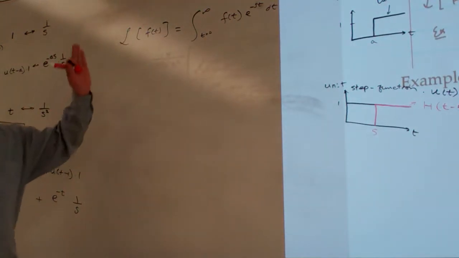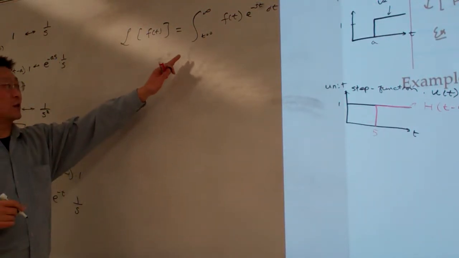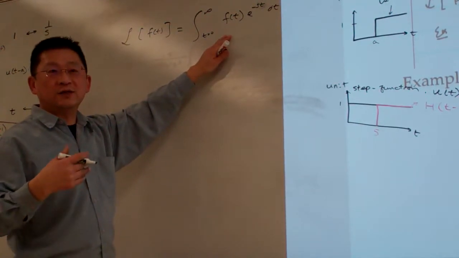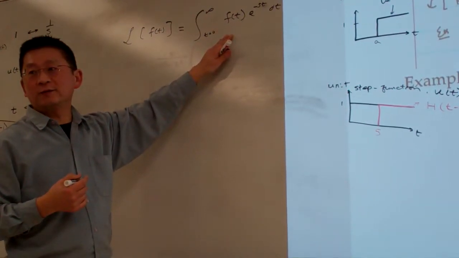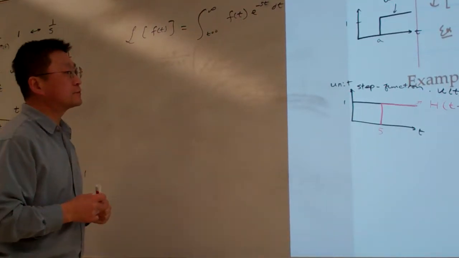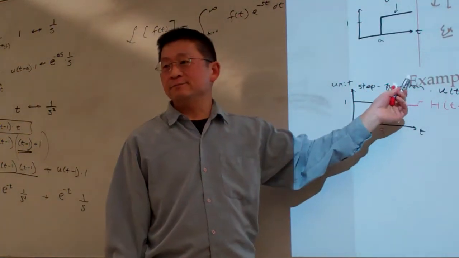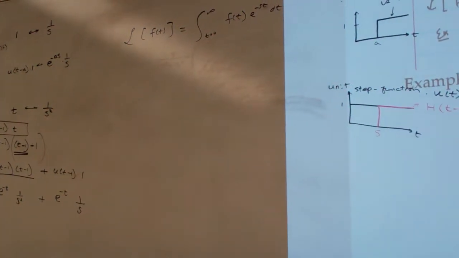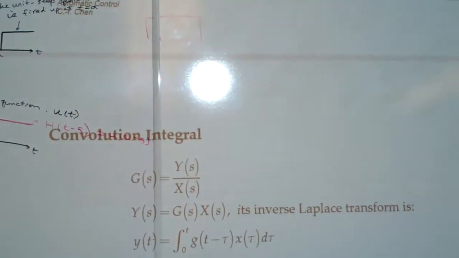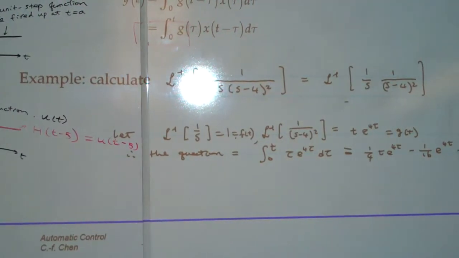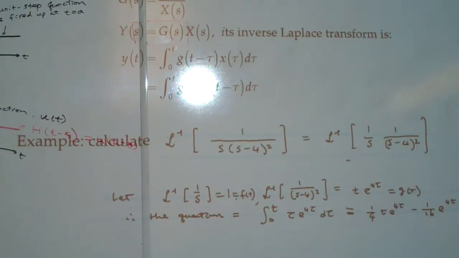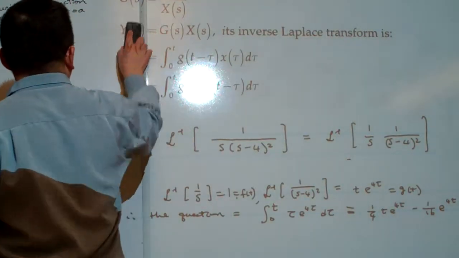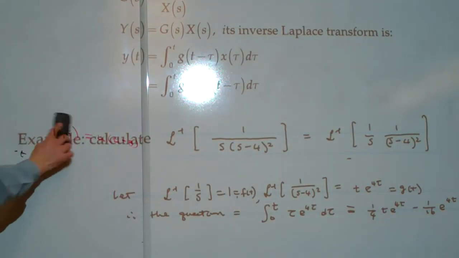You simply plug into this fundamental definition and do the integral, and you will get the answer as well. Okay, any questions about this? Good. Then the next page, the convolution integral, which provides us a different method that will sometimes be a little bit more convenient.